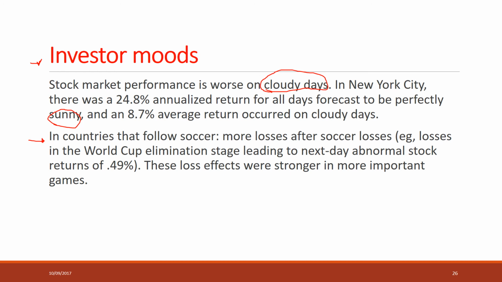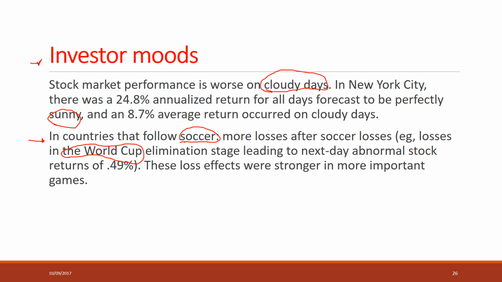In another study, conducted in Europe, people looked at stock returns following the World Cup. For countries where soccer is a big sport, the returns on the stock markets react to the performance of the national team during the World Cup.